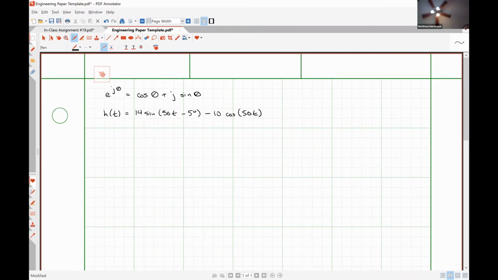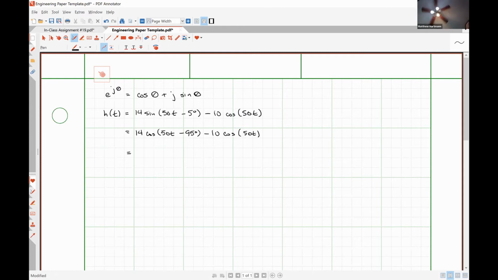What I'm going to do is convert that sine to a cosine function. That would give me 14 cosine 50t minus 95 degrees, because to convert from sine to cosine, I subtract 90 degrees, minus 10 cosine 50t. And this is where things may get a little bit weird.